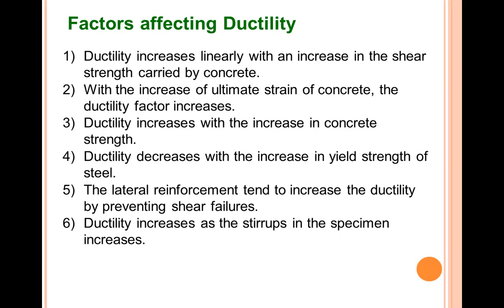In case of beams also, if the stirrups are more, then the ductility factor will increase. And lateral reinforcement, we are talking about the columns. So in columns also, when there is lateral reinforcement, it will increase the ductility in the structure. So I hope these factors affecting the ductility of the structure are clear to everyone.